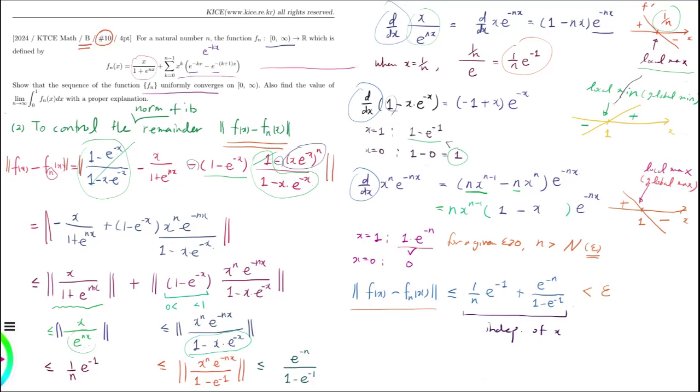So this justifies uniform convergence of f sub n of x to its target function f of x, which is 1 minus e to the minus x power over 1 minus x times e to the minus x power.